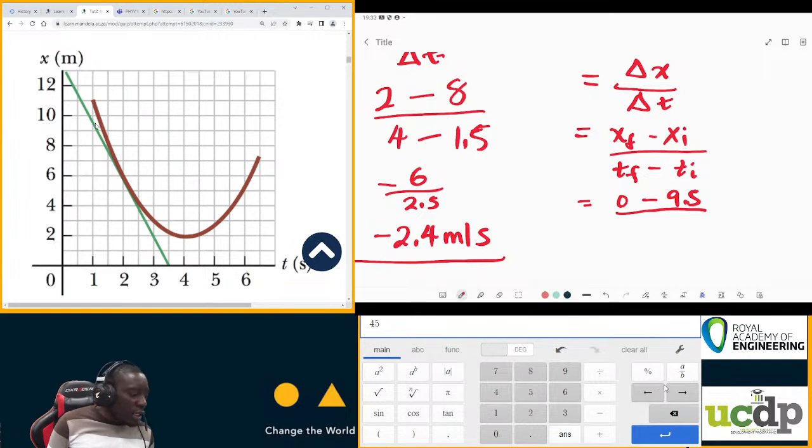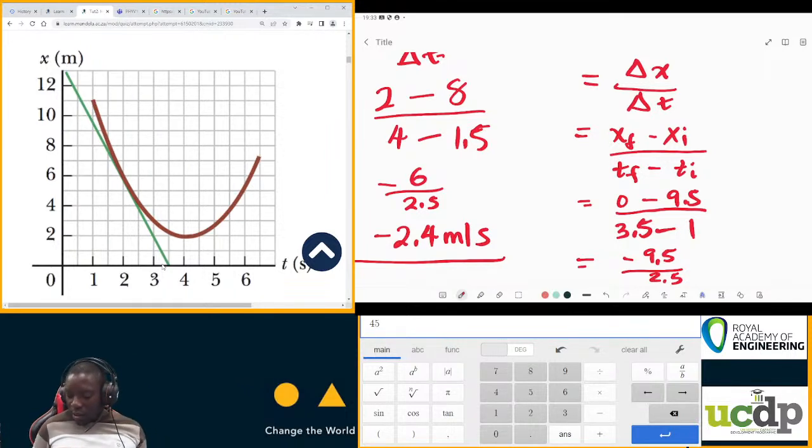So the t final is at 3.5, which corresponds to x final. So that's 3.5 there, minus t initial, which will be 1. So that's negative 9.5 over 2.5.